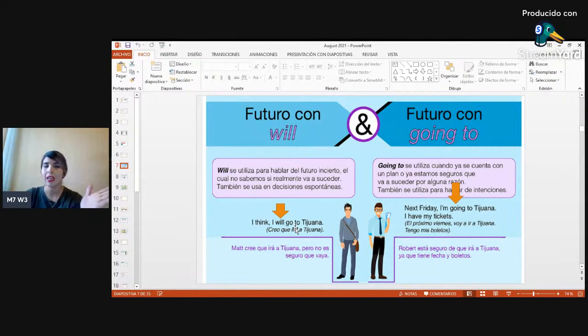Yo iré a Tijuana. Esa es como la traducción, iré. Normalmente cuando usamos el will, se cambia el verbo por la terminación -ré. Y cuando usamos going to, es como la traducción de voy a. Por ejemplo, I am going to Tijuana. Yo voy a Tijuana. Voy a.